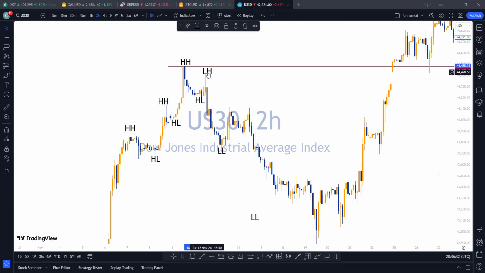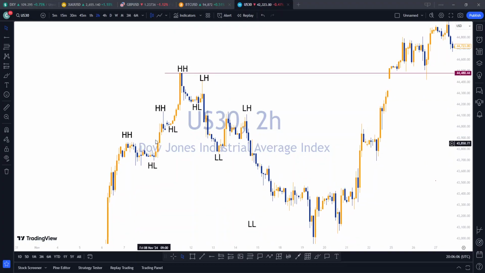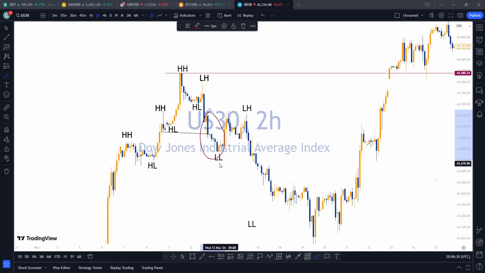Then we have a lower high here, right? So we can see now that the market broke structure right here. It broke this previous lower high with this impulsive movement, right? Which now creates our lower low.